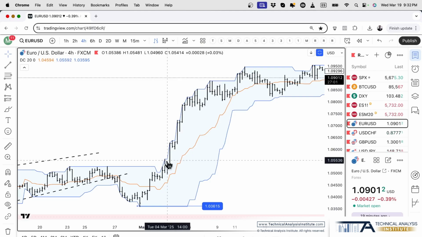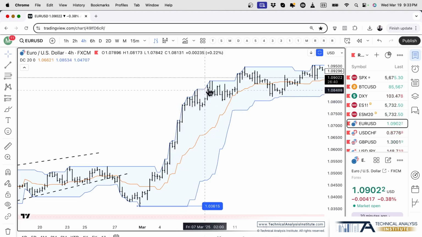So you spot that little horizontal here, and you add 1 pip above it and continue long. And here you have another horizontal. Then you add another unit with 1 pip above it and continue moving, and so forth and so on. You can see every time it happens, you can add to your position.